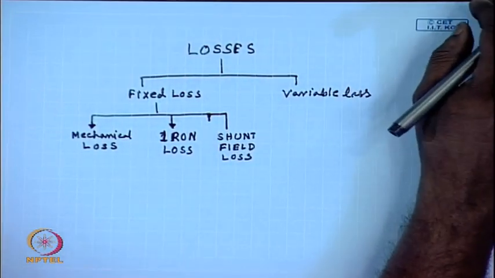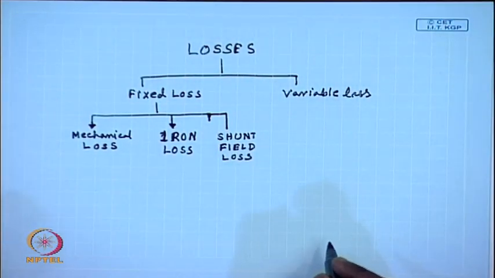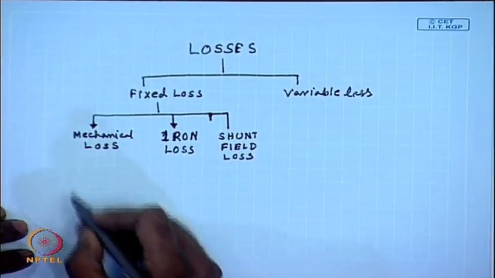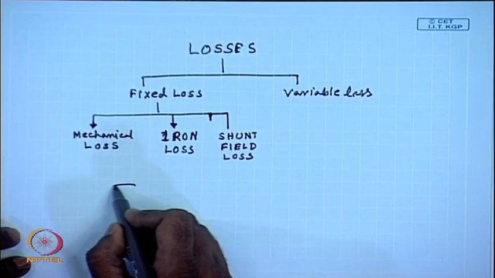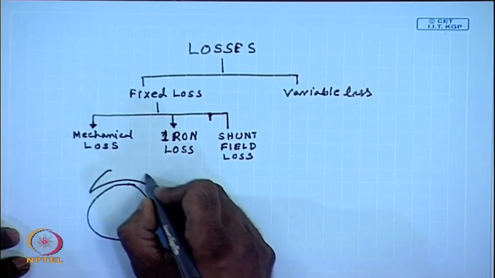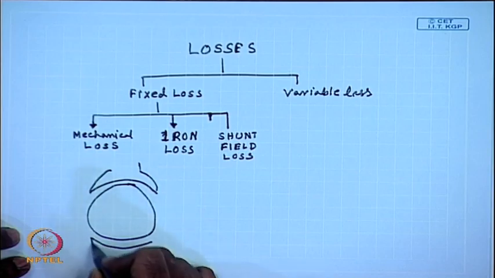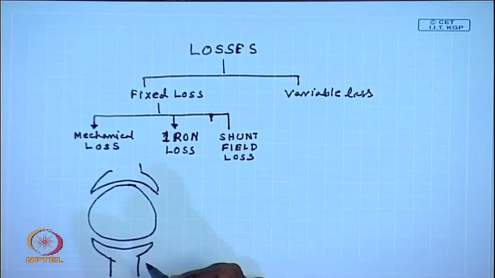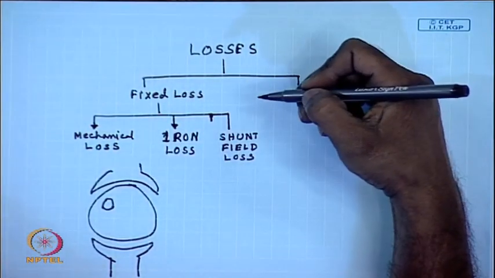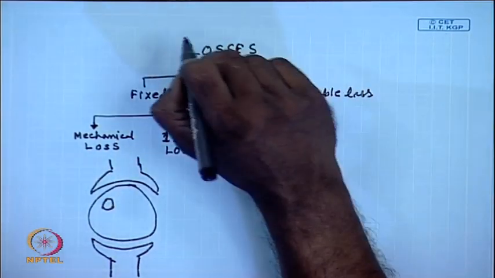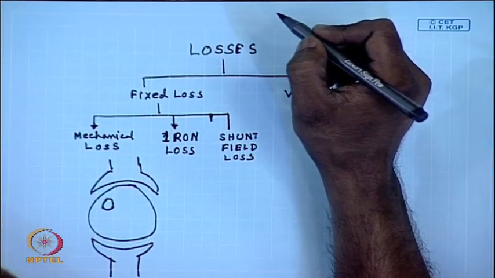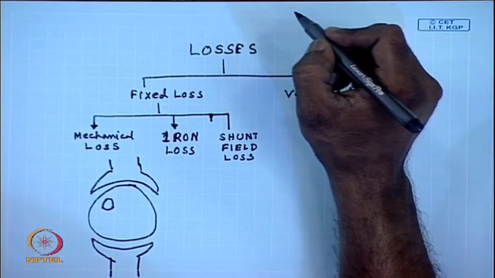Now, in a DC machine, although the currents and voltages are DC from outside, if we look at any portion of the armature, any volume in the armature, the flux passing through that volume is alternating, because the armature is rotating, both due to field and due to armature reaction. Therefore, there is some iron loss present in a DC machine.